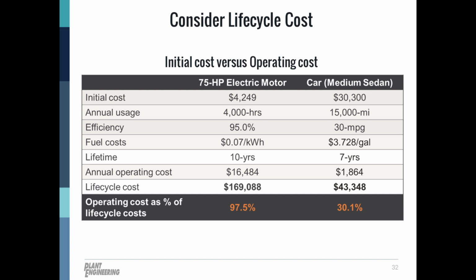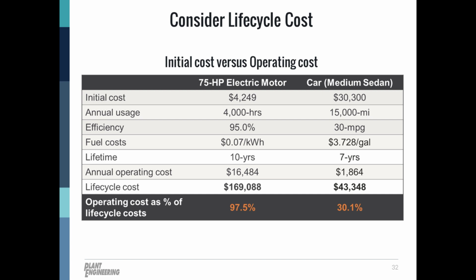This example compares the life cycle cost of a 75 horsepower motor and a standard medium sedan. Think Honda Accord, Toyota Camry, Chevy Malibu, Nissan Altima. Those are some of the more popular, high volume cars on the road.